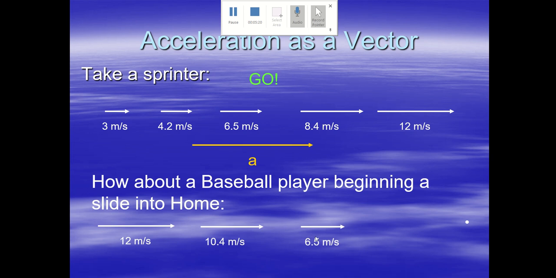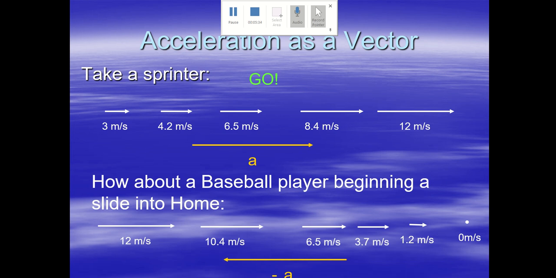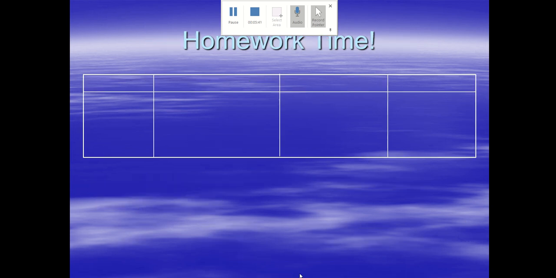So from 12 to 10 to 6.5 to 3.7 to 1.2 and then to 0 when they come to a stop. And then we could change direction as well, but we're going to get to that in another chapter. All of that is your acceleration. In this case, the acceleration went the opposite way they're moving. So the acceleration would actually be negative in this example.